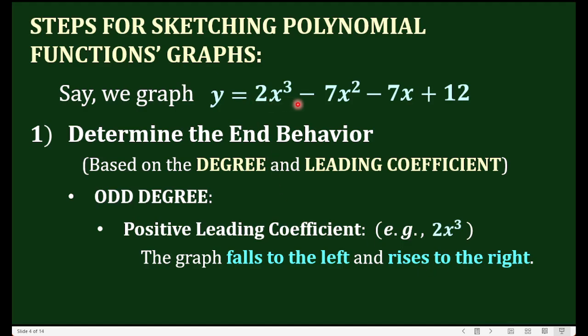So in this particular function, we have a graph whose left side is falling and whose right side is rising. Now, what if we have a polynomial whose degree is odd, but the leading coefficient is negative?